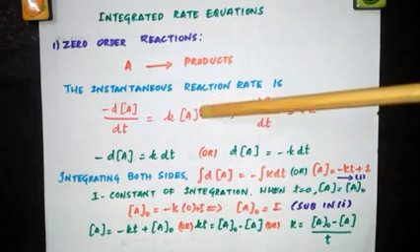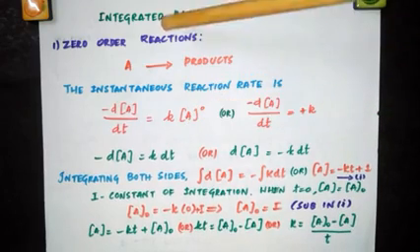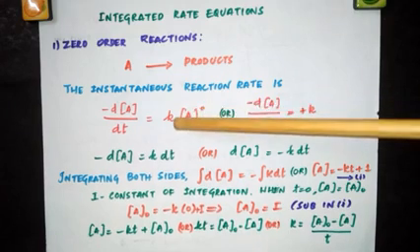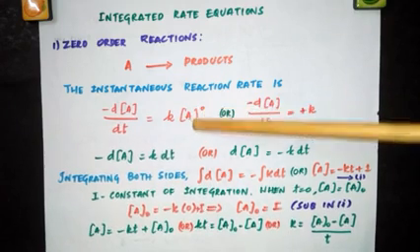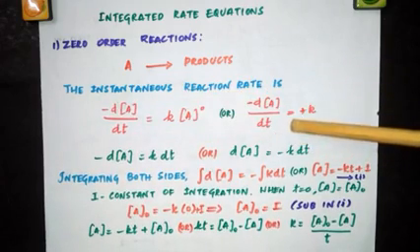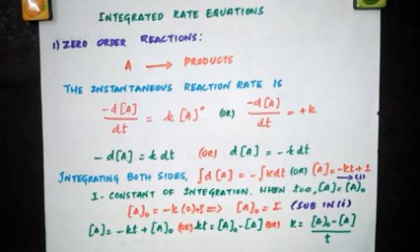What is the 0? This represents the order of the reaction. As we are talking about zero order reaction, we are putting 0 here. So anything power 0 will be equal to 1. So this can be written as minus dA by dt is equal to k. What is k? Rate constant.